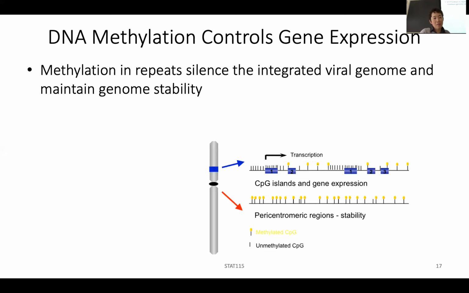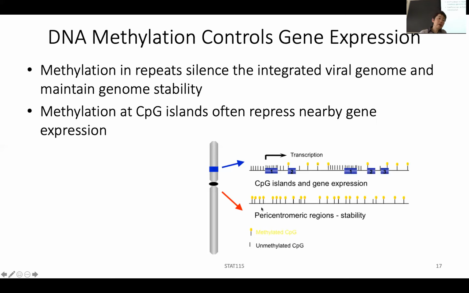It's a way for humans to deal with potential viral infection and genome incorporation, to maintain genome stability. Those are usually in the repeat sequence. And how DNA methylation evolved around the CpG island, that's really something, at least I don't know.